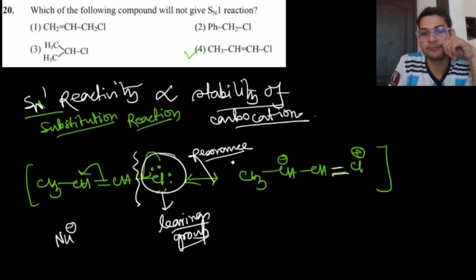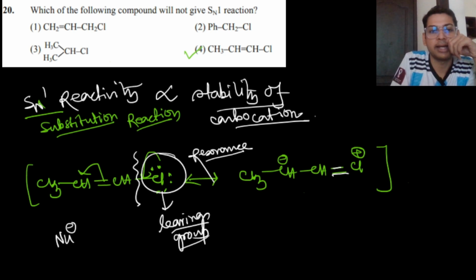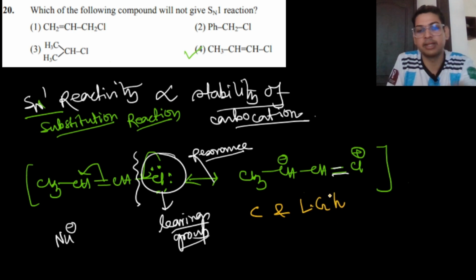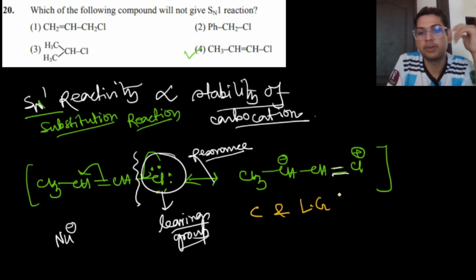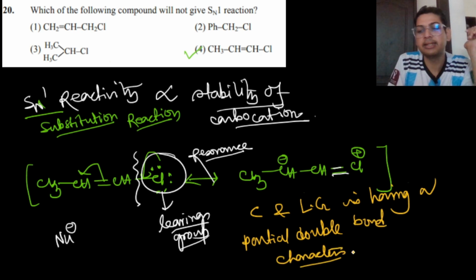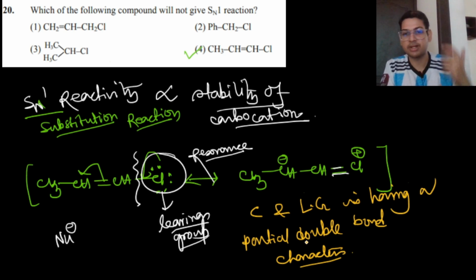So I can say that carbon and leaving group is having a partial double bond character, and as it is having double bond character, then the bond becomes stronger.